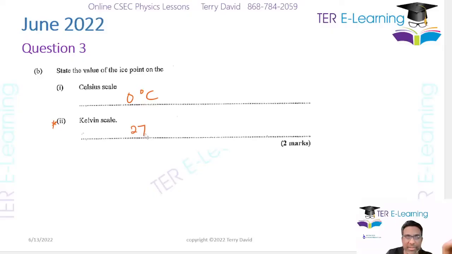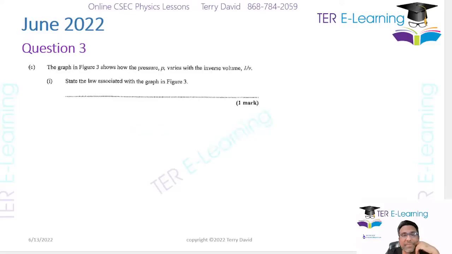So this should have been just 273 Kelvin. Some people are saying negative 273, but it's 273. They're talking about the ice point, that's the melting point of ice or the freezing point of ice. 1 mark for each of those things.